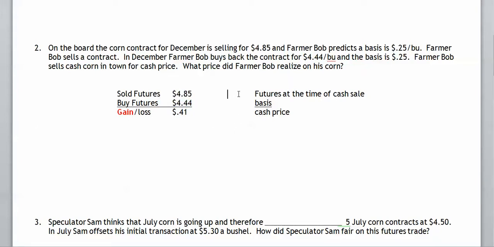The futures price at the time of the cash sale was the $4.44. Basis was what we predicted it was going to be, the 25 cents. So that means the cash price that we received was $4.19. Our realized price then is $4.19 plus 41 cents equals $4.60.